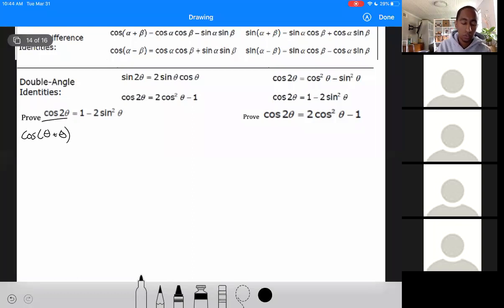And then we can use the sum identity here. Rewrite it as cosine of theta times cosine of theta minus sine of theta times sine of theta.